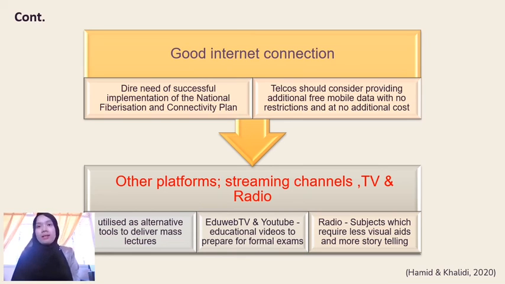Other than that, telcos such as U Mobile, Red Dot, Maxis and Celcom should consider providing additional free mobile data with no restriction at no additional cost in order to help the teachers, parents, and students to cope with the current challenges.